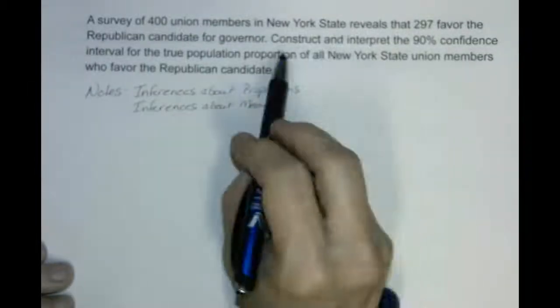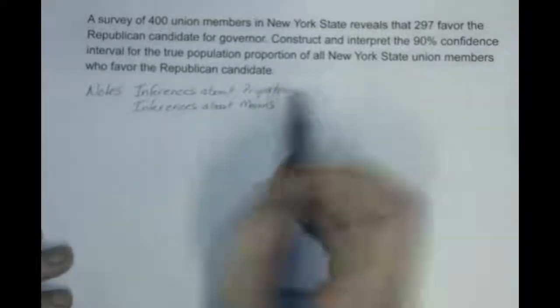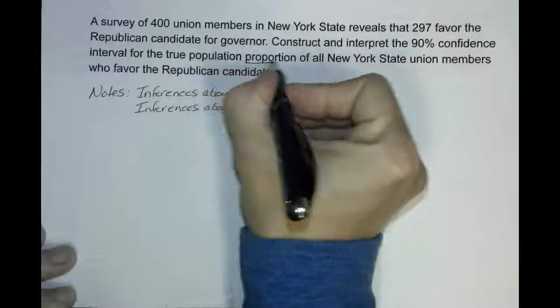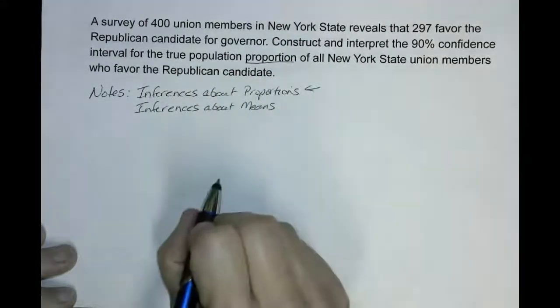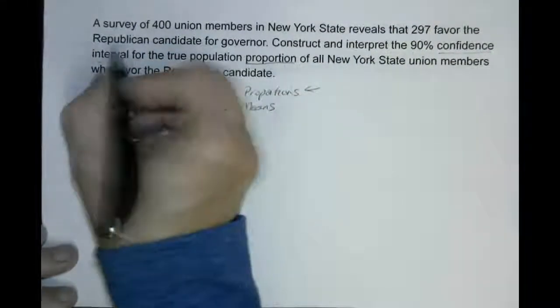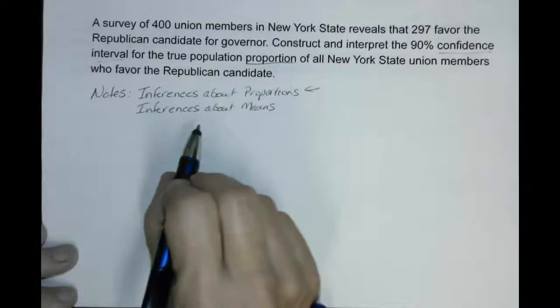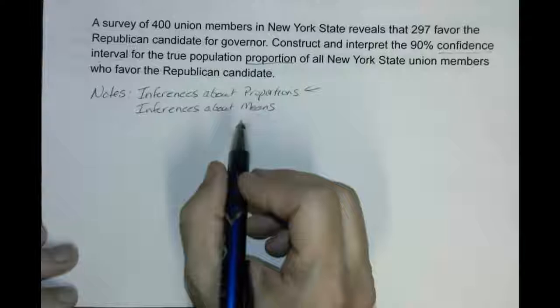Okay, so for this one, first of all, you have to figure out which one of these two things we're talking about. Because this is talking about the population proportion, that means that we're looking at something to do with a proportion. And we're trying to find a confidence interval. So you would want to look up your formula for confidence intervals for proportions.